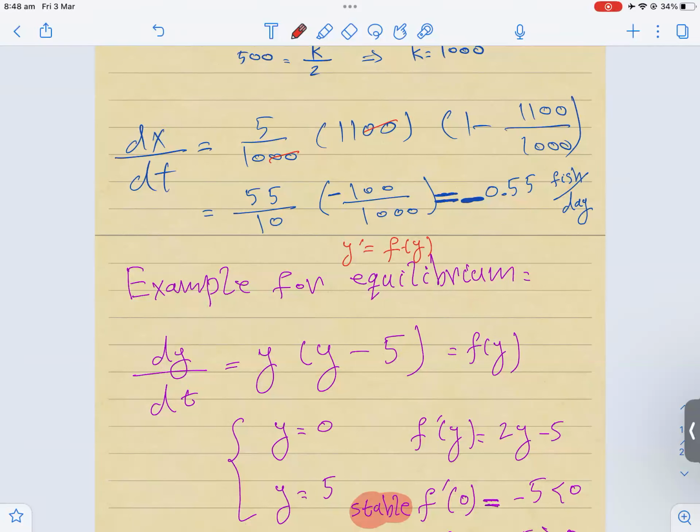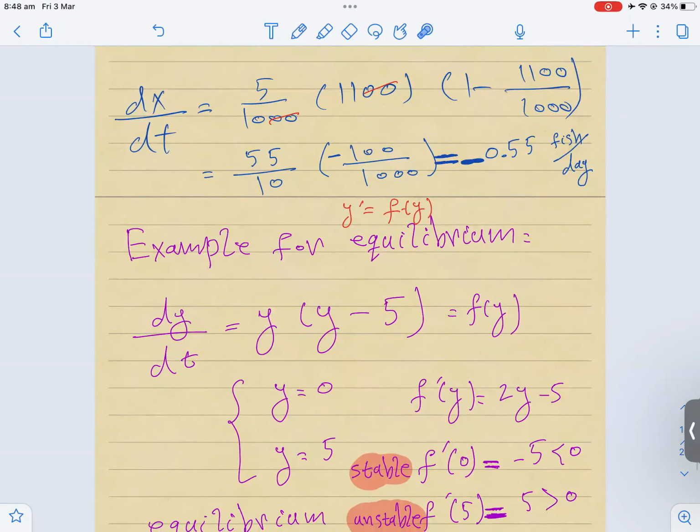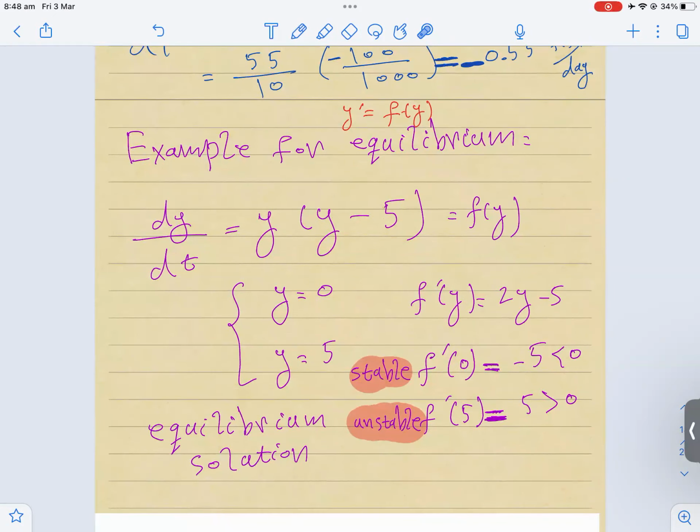For example, y prime equal y times (y minus 5), so f of y. What are the equilibrium solutions? They are y equals 0, y equals 5. It's just the roots of the right-hand side. So you will probably have one question similar to this one in your assignment.